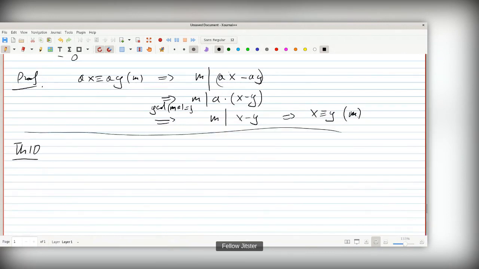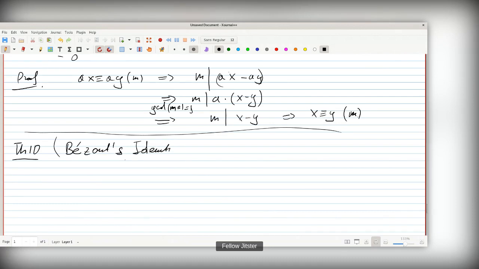So theorem 10. This is known as Bezout's identity. Bezout was a French mathematician of the 18th, probably, century.